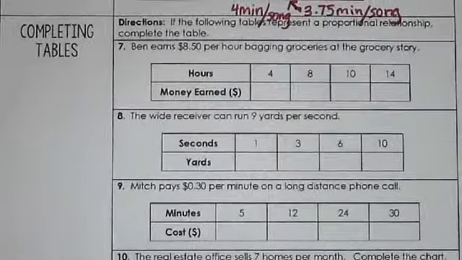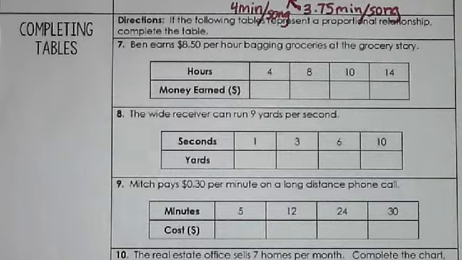All right, so we can also use this information to complete a table. We're just going to reverse what we were doing. So instead of dividing, what do you think we're going to be doing? Multiplying. So assuming that the following tables represent a proportional relationship, complete the table.